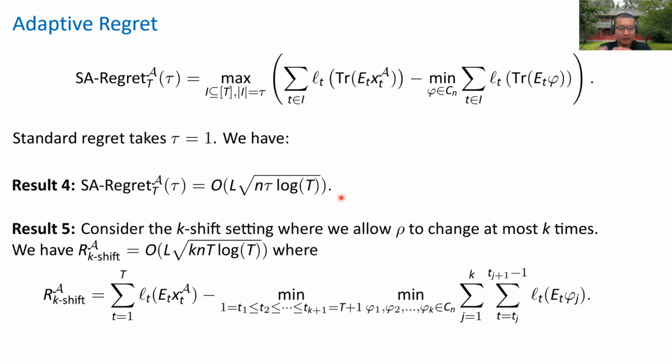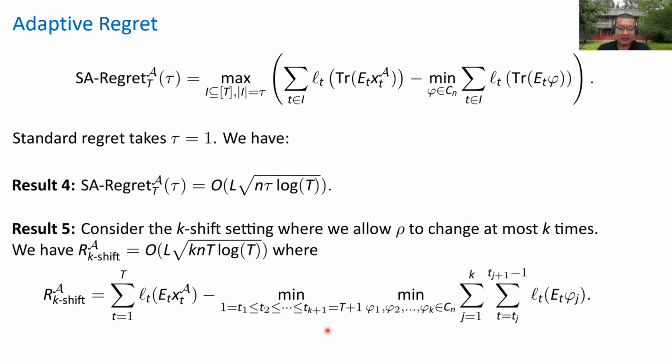To carry this out, it's probably a little bit abstract, so we want to be more focused on the dynamics that can take place in a real case. Here we consider the setting where we have a K-shift. By that, we allow some changes to the state, and this change can be arbitrary, but we are promised that the change can take place at most K times.